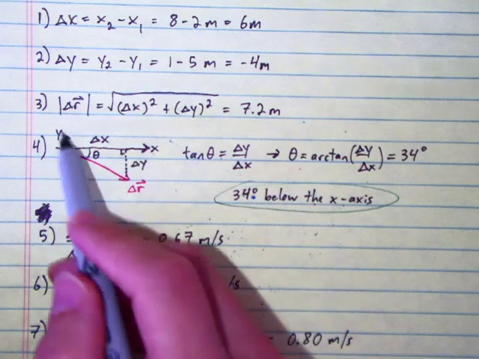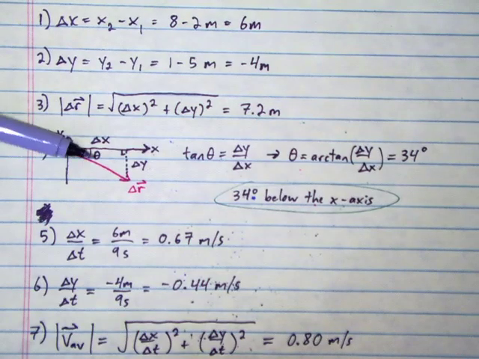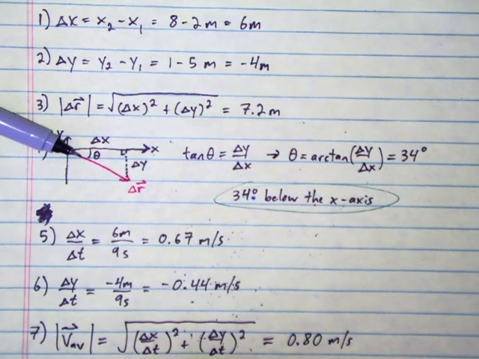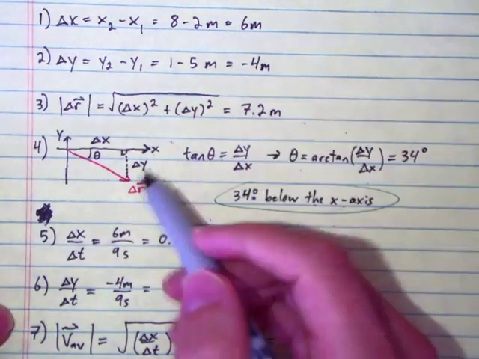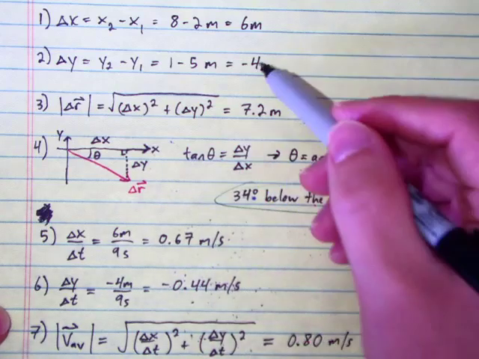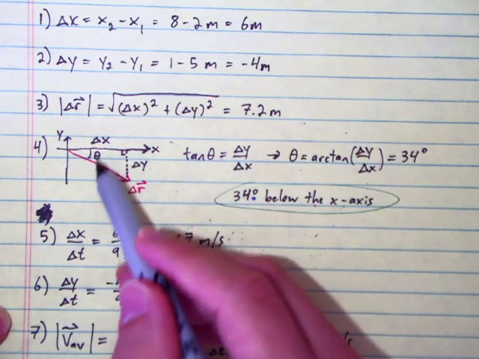This is sort of a private set of xy axes just for this vector. And we use it to find the angle relative to the x-axis here. We pick the x-axis angle because the vector is closer to that axis than it is to the y-axis. So our delta y over delta x, that is the negative 4 over 6, gives us an angle of 34 degrees right there.